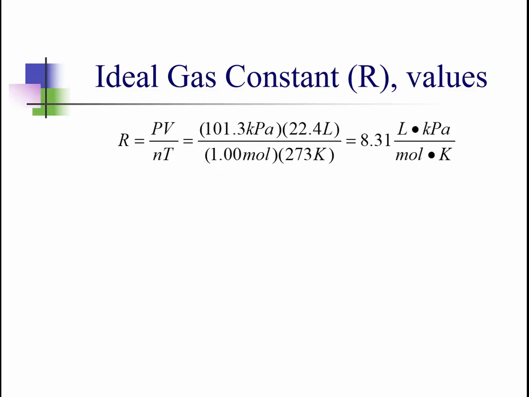That calculates to be 8.31 liters times kPa over moles times Kelvin. Yes, you have to write all 4 units. Notice that none of those units canceled out. So whenever you do these problems, you must write 8.31 liters times kPa over moles times Kelvin. I am sorry, but that's just how it works.